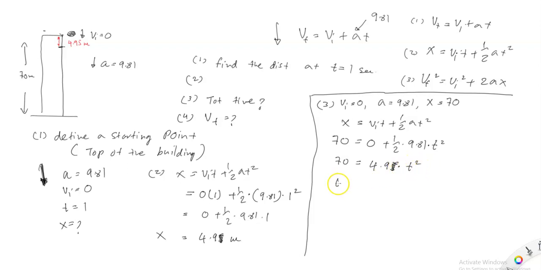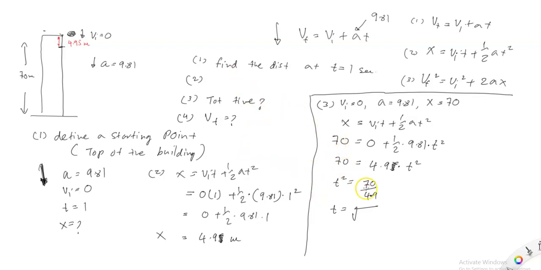So what is t squared? T squared is 70 divided by 4.9, divided to the other side. So t equals square root of this answer. 70 divided by 4.9 is 14.2.